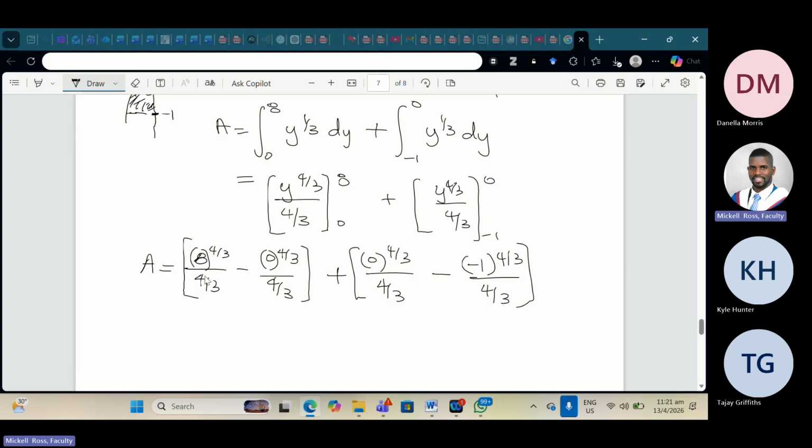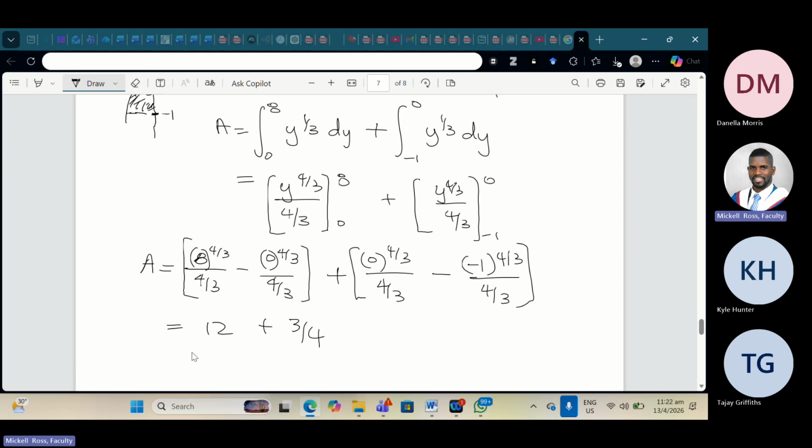So 8 to the 4/3 is 2 to the fourth, so this is 16. 16 divided by 4/3 is 12, minus 0. So all of this side is 12, plus 0, and then positive 1 divided by 4/3, which is 3/4.